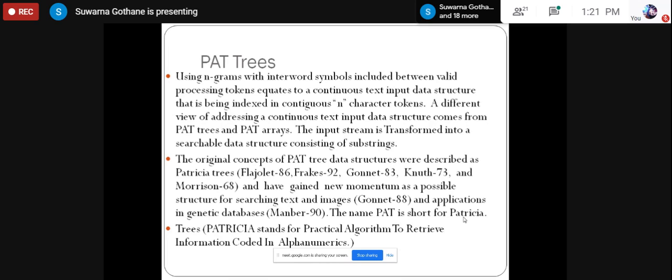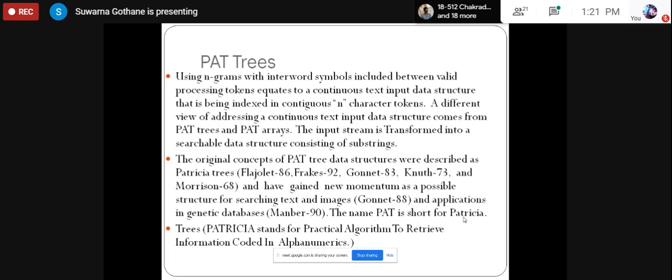So how is PAT pronounced? PAT stands for practical algorithm to retrieve information coded in alphanumerics. That is called Patricia, or its extension. What does Patricia stand for? Practical algorithm to retrieve information coded in alphanumerics.